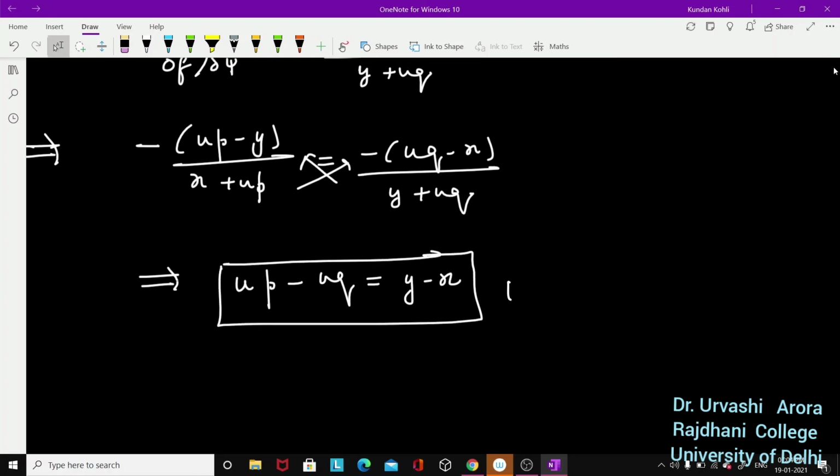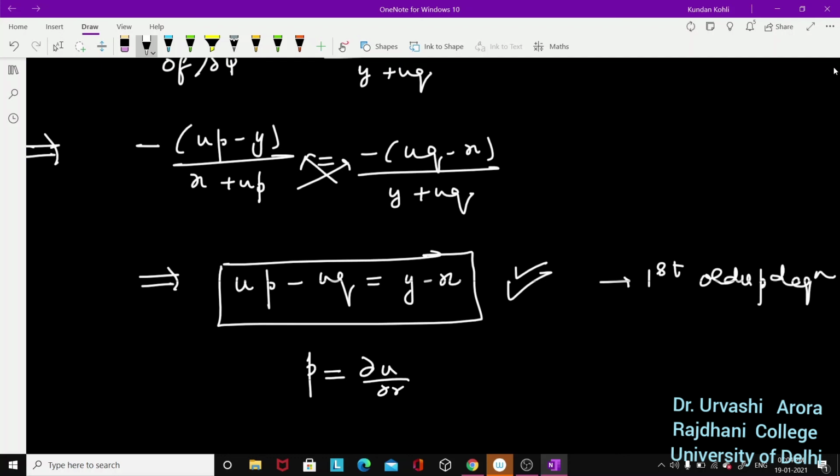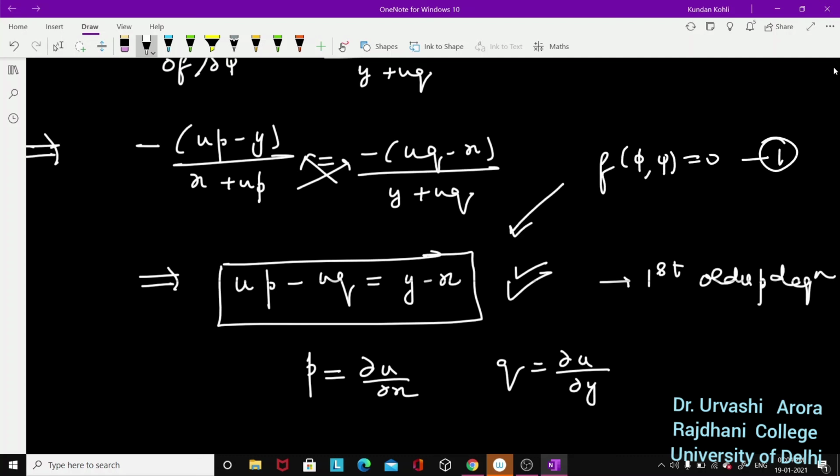Now if you take a look at this equation, this is a first order partial differential equation because p and q are coming. p is del u by del x, and q is del u by del y. This first order partial differential equation has been obtained from the relation f of phi, psi equal to 0, which we had marked as 1, a relation involving an arbitrary function f.